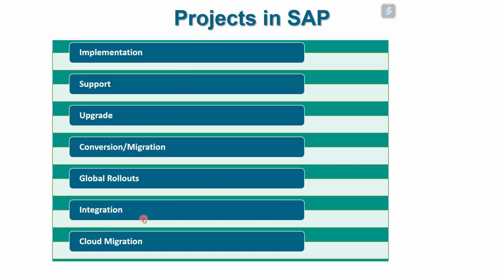Why? Because the ABAP guy will write the programs for the integration, but it's a functional consultant who can actually tell what is to be done. So, for example, if Salesforce needs customers, who will tell which table to pick, which field to pick, how many customers are to be sent, whether one customer is to be sent, the other is not to be sent. You, as functional consultants, are going to do this.